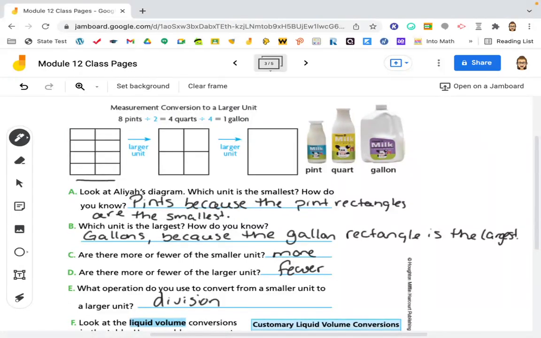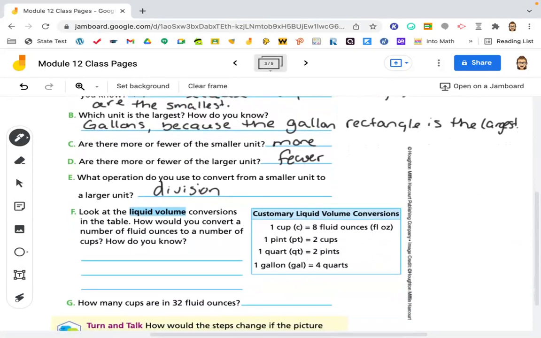So it says, look at the liquid volume conversions in the table. How would you convert a number of fluid ounces to a number of cups? So if you look here, fluid ounces is smaller, so we go to cups. So we would divide by 8.